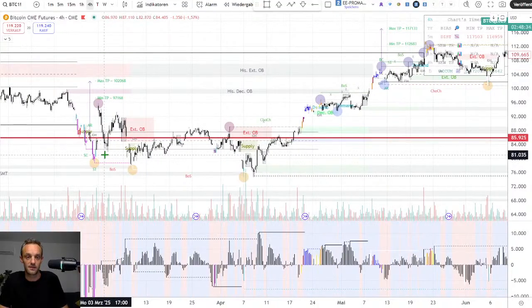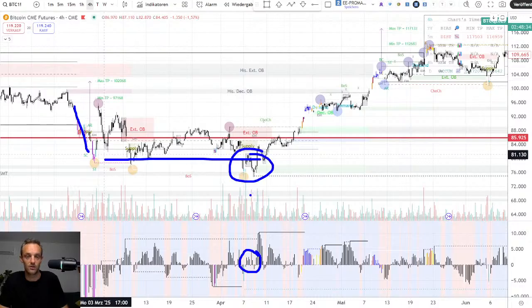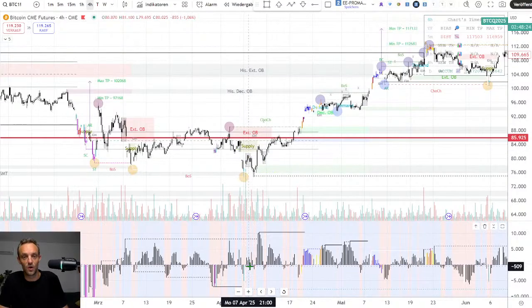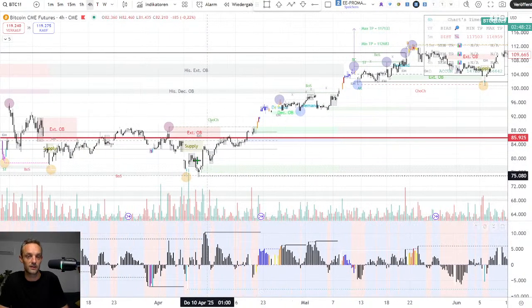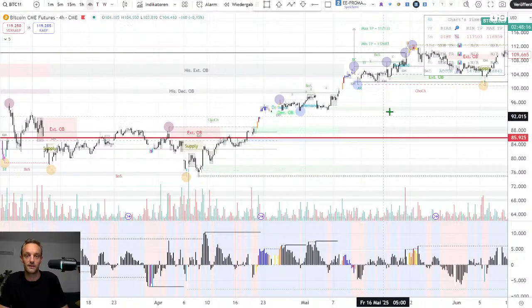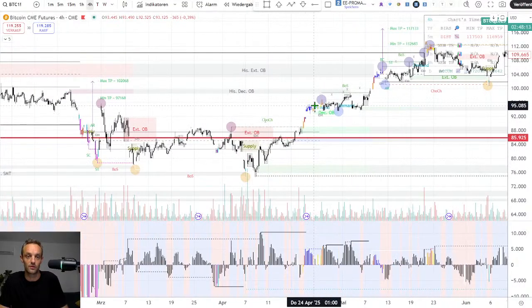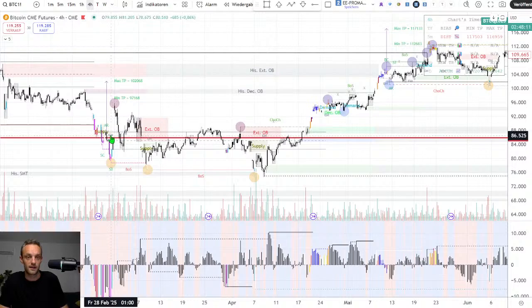You see this here. There were no sellers left at these lows. We didn't have any aggressive selling volume, no really colorful candles here. So this was the failure of this downward movement, and then the preparation also for this upward movement.